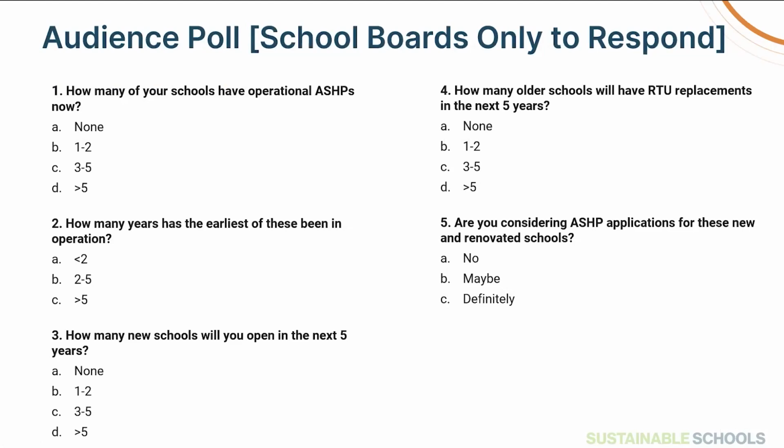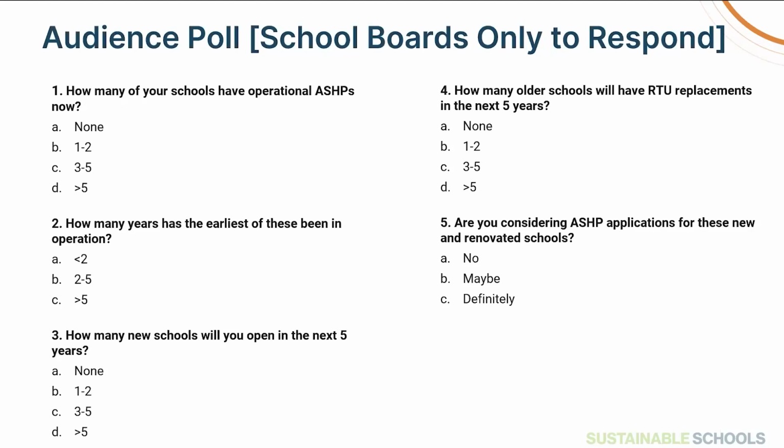And we want to put you to work immediately, if we may. This is a quick poll just for school boards. I know industry and government will be interested, but for school boards, and it doesn't matter if two people from the same board fill in the poll, what we're really interested in, and what we're finding relatively little information on at this point, is how many of your individual schools have at least one operational air source heat pump now?